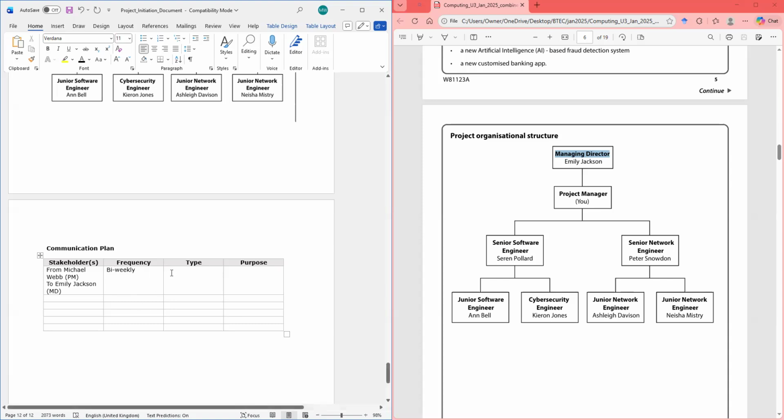My type of communication would be email, video call, reports, because you have to report to her on the progress of the project, so you have to have reports ready, and phone calls.